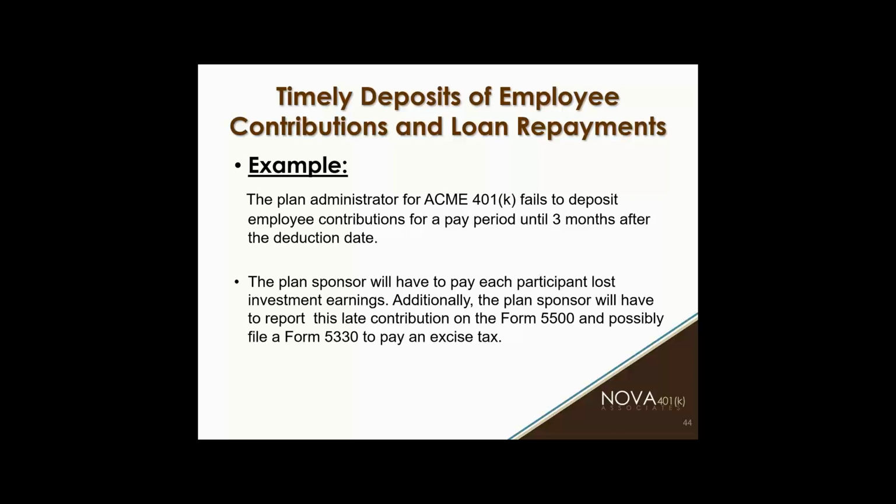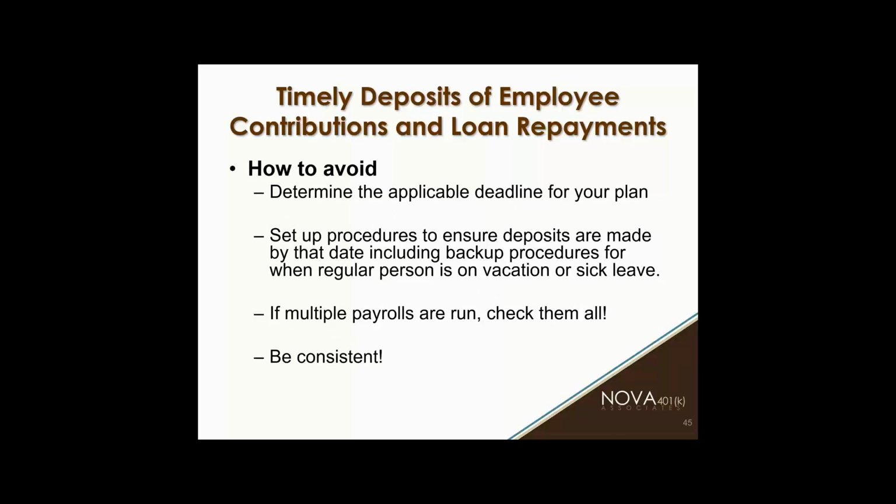I can tell you that the amount of lost earnings is usually pretty minimal, but the computation is complicated. Normally, NOVA has to charge way more to do the calculation and prepare the 5330 form for you to pay the excise tax than the actual lost earnings that you're going to have to return to the participants in the plan. So that's the primary reason to avoid this problem. It's expensive to fix, or more expensive than what you're going to have to make up to the employees anyway.